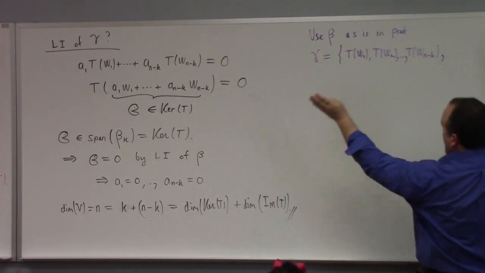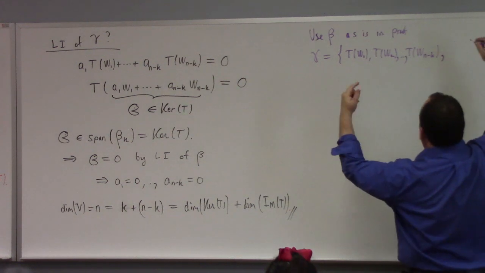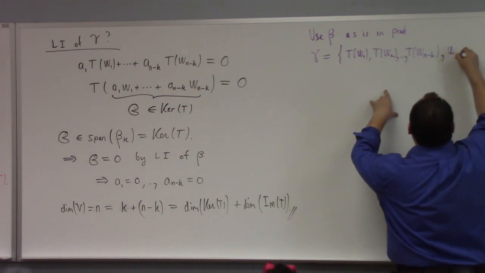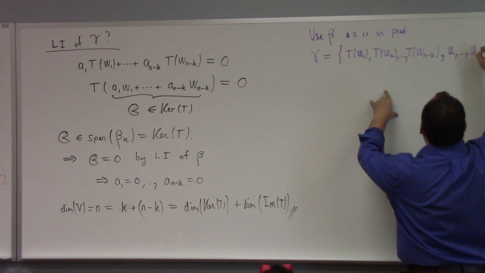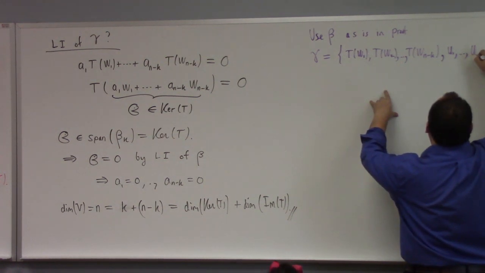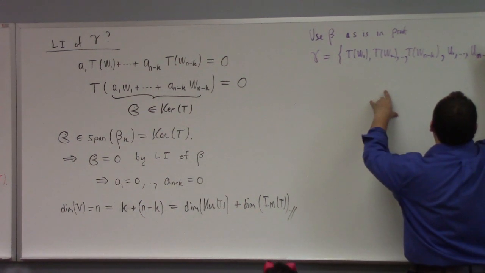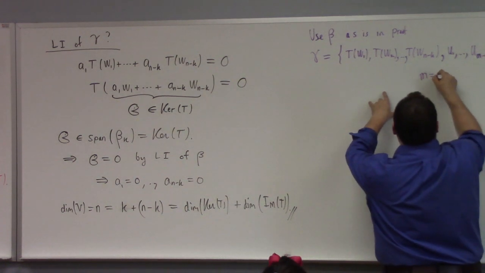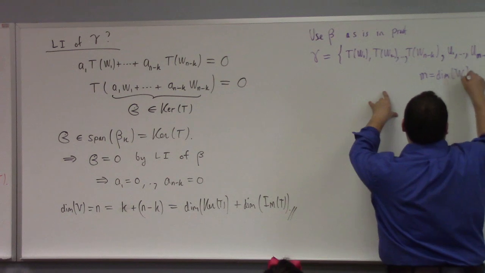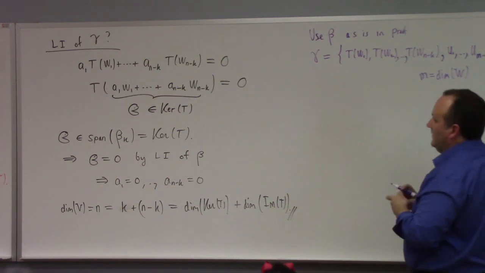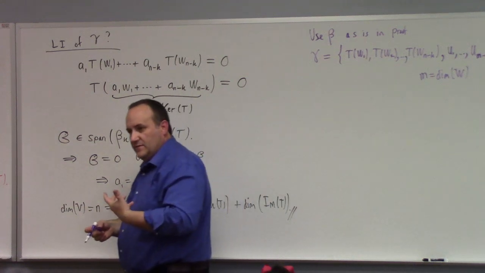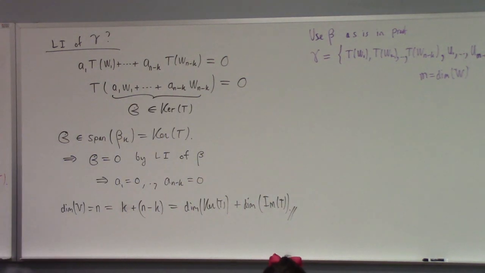And then just whatever, let me use yet another letter, u. u1 through u sub m minus (n minus k), where m equals the dimension of W. In other words, what I'm saying is extend the basis for the image to a basis for W. So all of the vectors I have extended there, all the u's, they have to be outside the image.